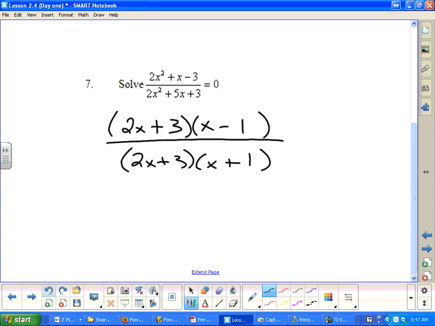So since I have a common factor here, these cancel. And then my answer in this case is just going to be that x equals 1, where the numerator is equal to 0. And we would have a hole at -3 in our graph. But we don't care about the hole. We just need to know the fact that that doesn't work.